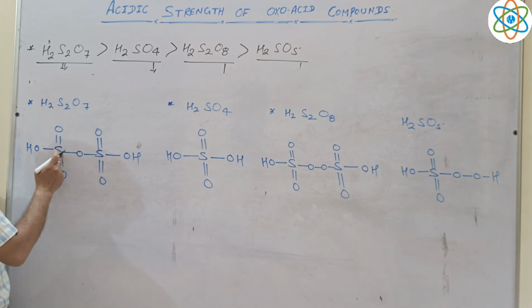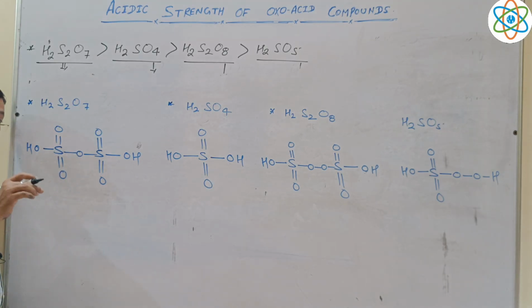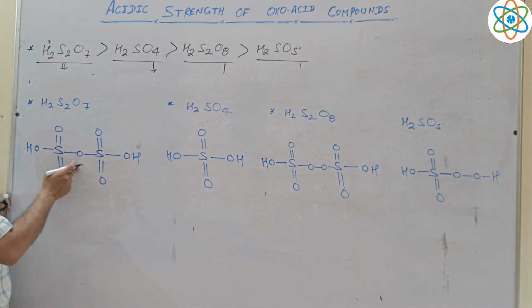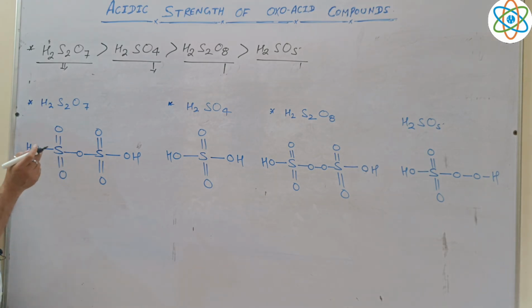And in between both the sulfur atoms there is an oxygen atom. Oxygen is a highly electronegative atom. This is an electron withdrawing atom, and if it withdraws electrons, the electron density decreases on the sulfur atom. Therefore sulfur has a tendency to accept lone pair electrons, therefore it behaves as a Lewis acid.